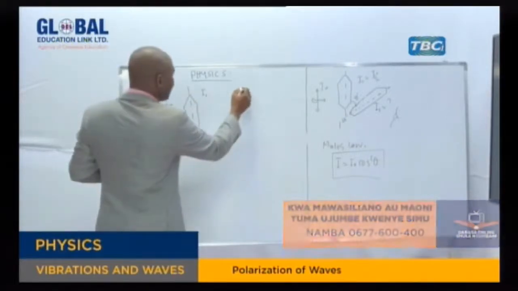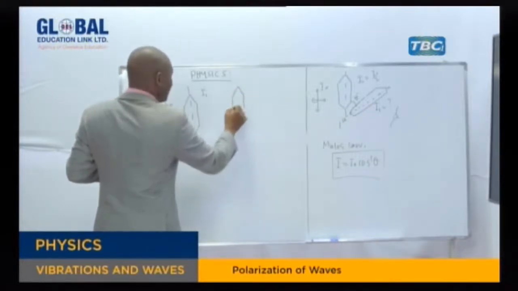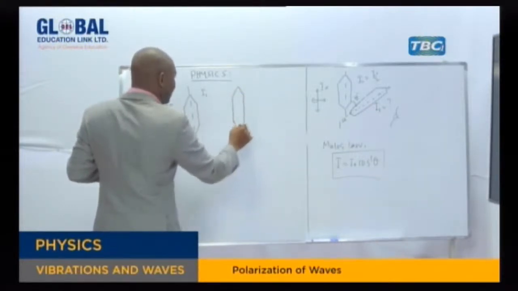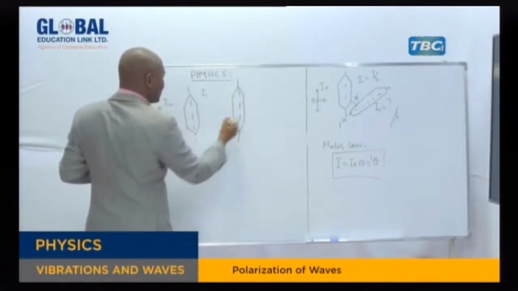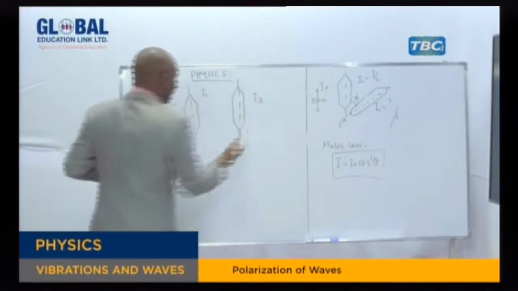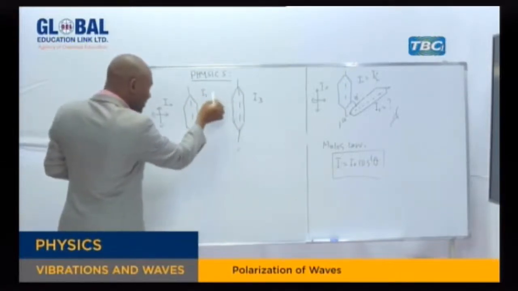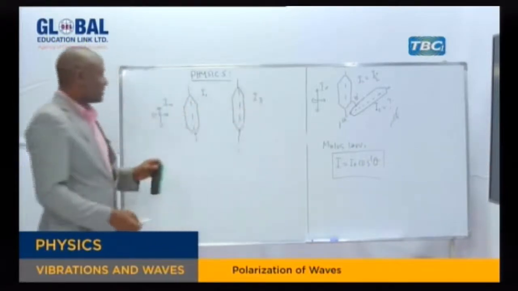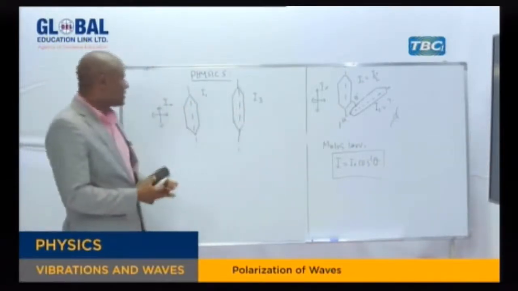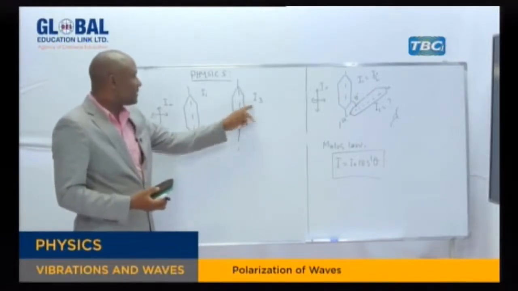And then here, our previous discussion was this, parallel polarizers. What happens? I'm getting the same answers. This is I3. So Malus is talking about the angle between the light from the first and the second. He's talking about the intensity of the light transmitted through the second polarizer from the first.